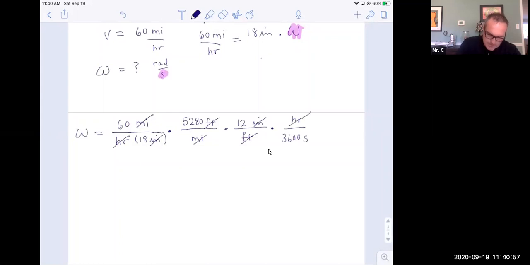Now, if you look at it, I can multiply everything across. So my angular velocity is 60 times 5,280 times 12, divided by 18 and divided by 3,600. I get about 58.7 radians. Oh, actually, you know what? I get 58.7 nothings per second.